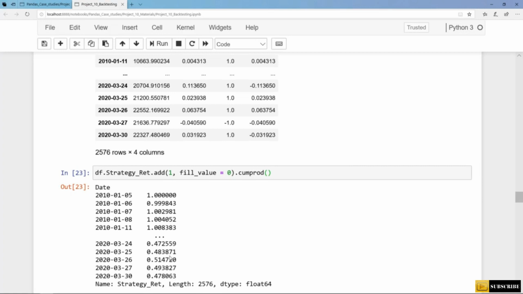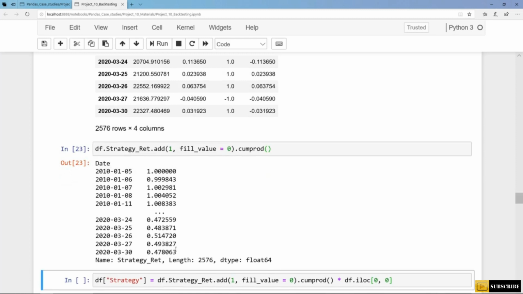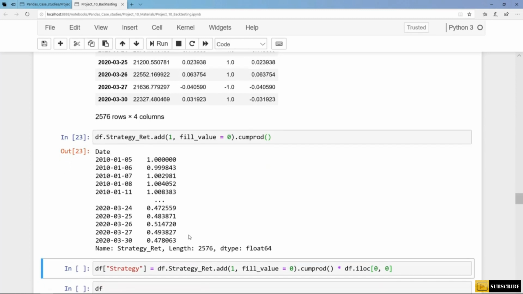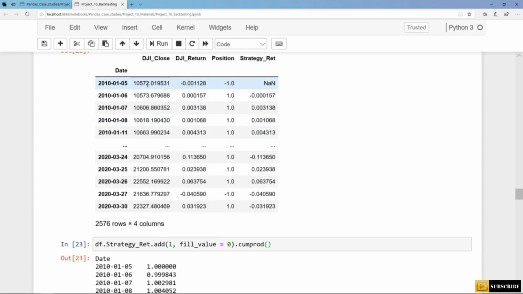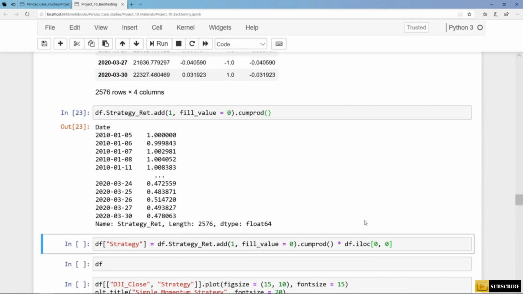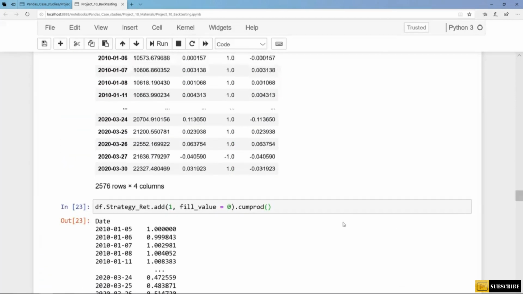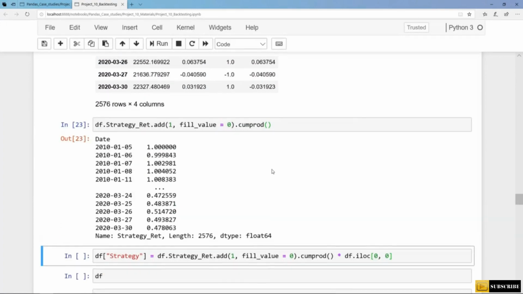And finally, we can see in 2020 that obviously we lost value with the strategy. So we have a multiple of 0.47. And now we can simply convert the cumulative investment multiples here into prices by multiplying each and every element by the initial price of the Dow Jones Index, 10,572. So this is actually the code to get the very initial price.